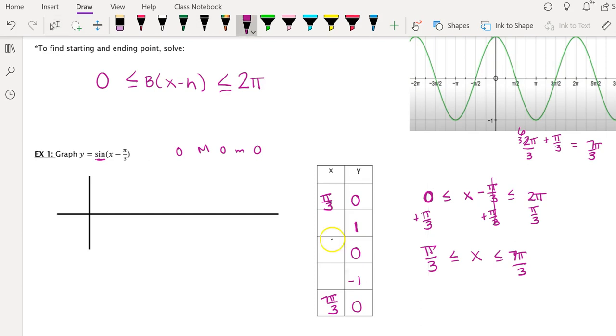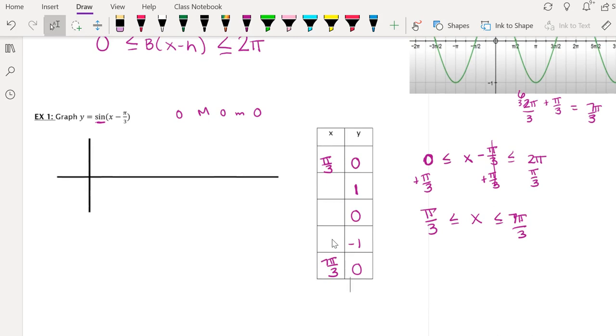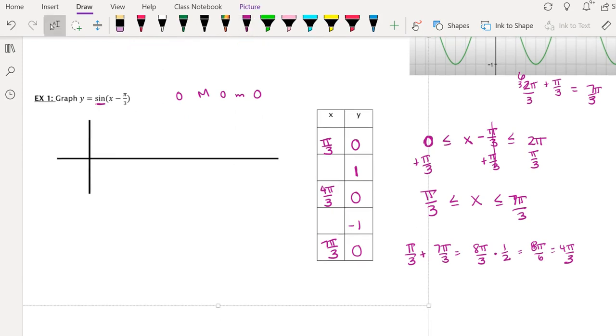So now we need to figure out what that middle value is. Same process as before. Add the two together, divide by 2. So pi over 3 plus 7 pi over 3 is equal to 8 pi over 3, divided by 2, or times half, is equal to 8 pi over 6, or 4/3 pi. So this is 4/3 pi. All right, so now I need to figure out what's halfway in between pi over 3 and 4/3 pi.